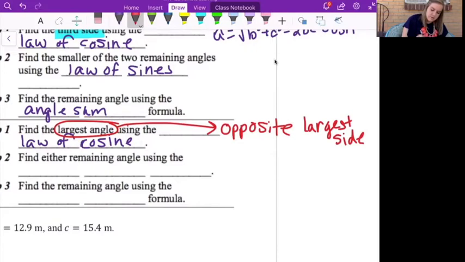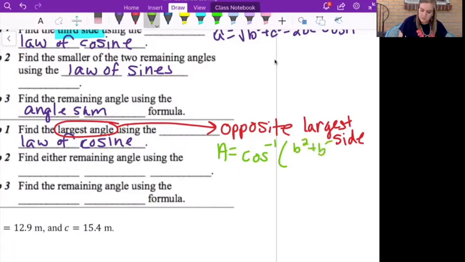And this is also whenever we're going to use that formula that we came up with, that A equals cosine inverse of b squared plus c squared minus a squared, all over 2bc.